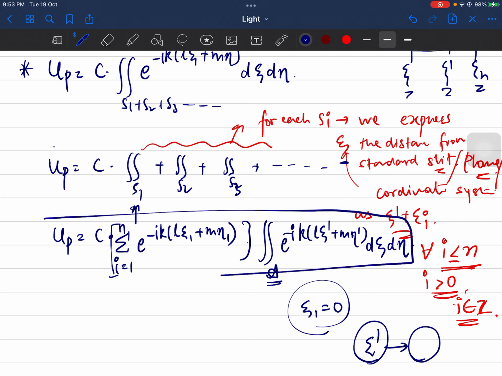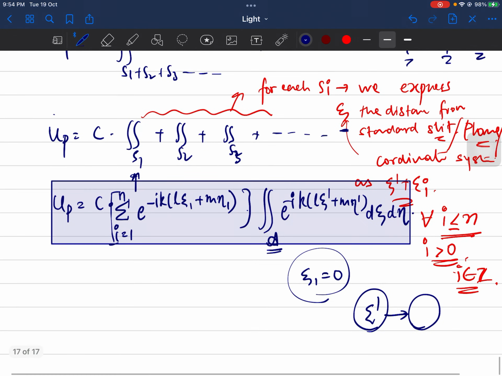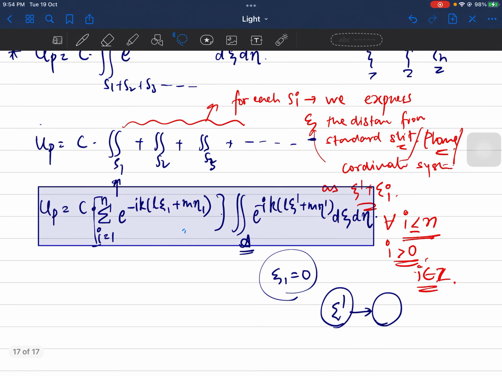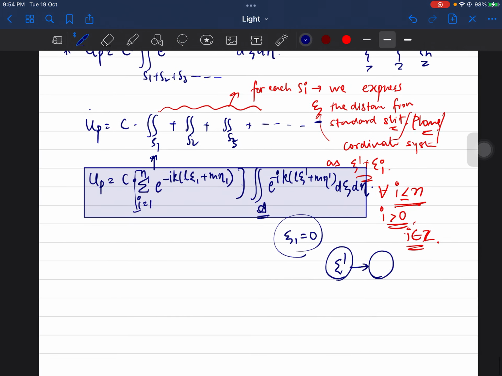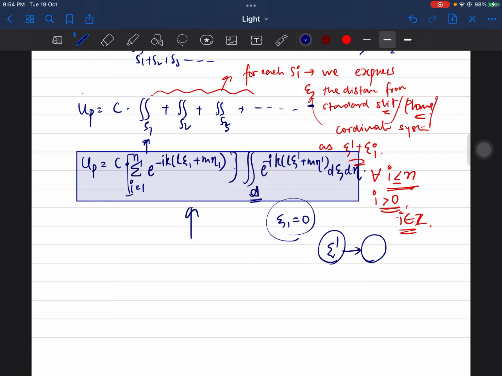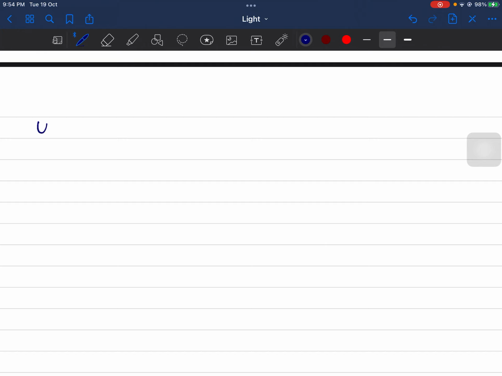We write this thing. And this is the most important form of multiple slit analysis. So the multiple slit analysis takes the form.